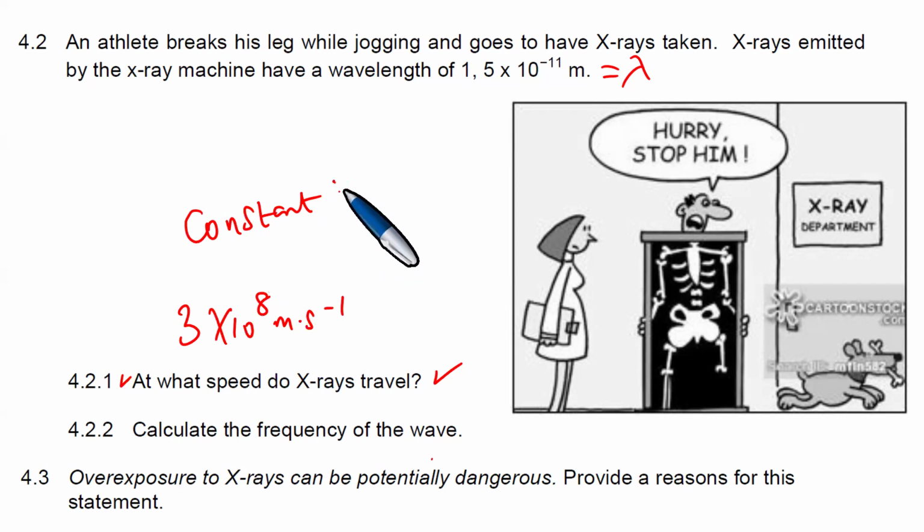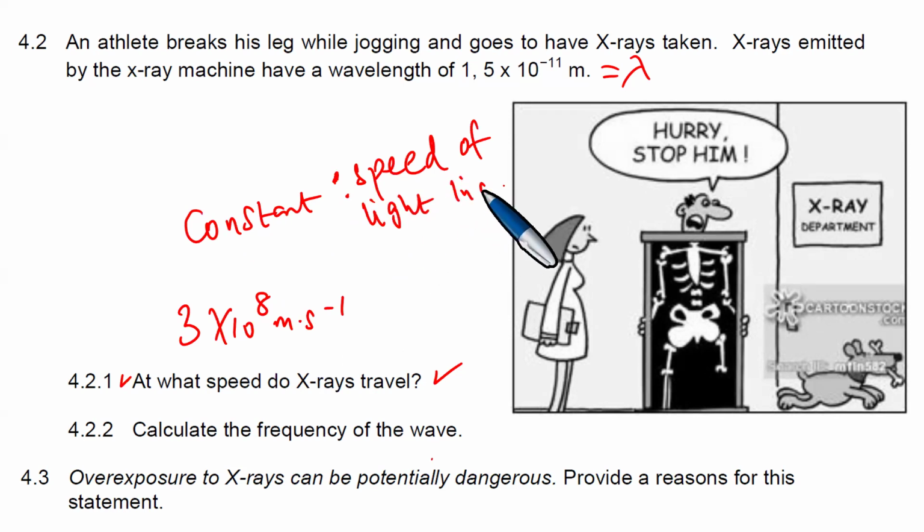It is a constant, and it is the speed of light in a vacuum. It is always 3 times 10 to the 8th power meters per second.